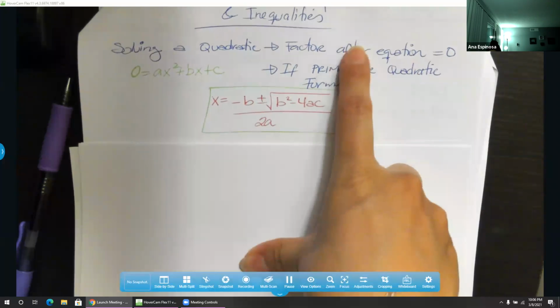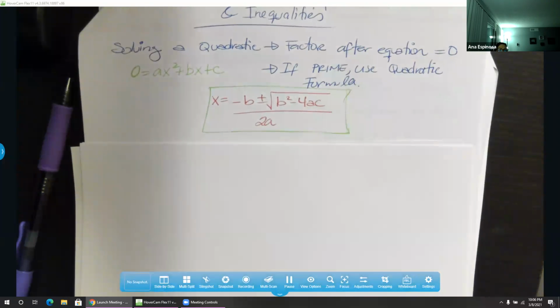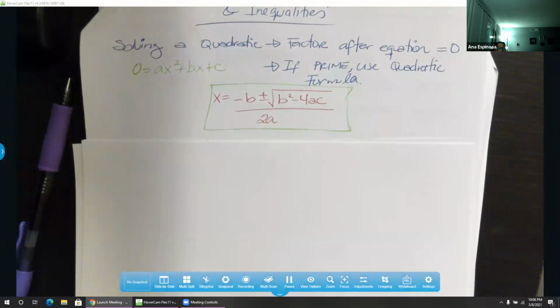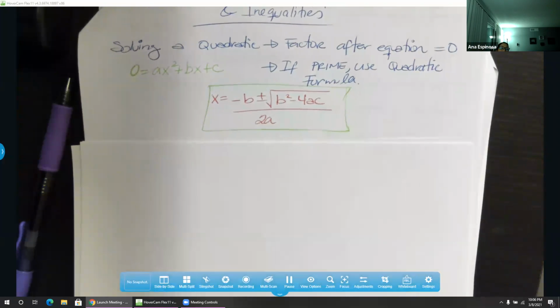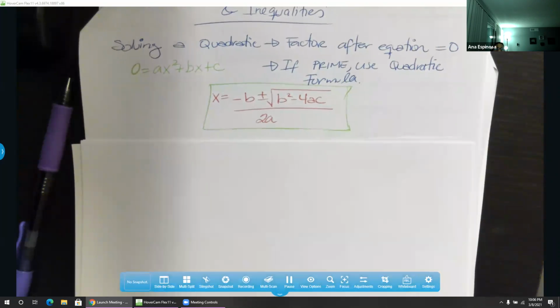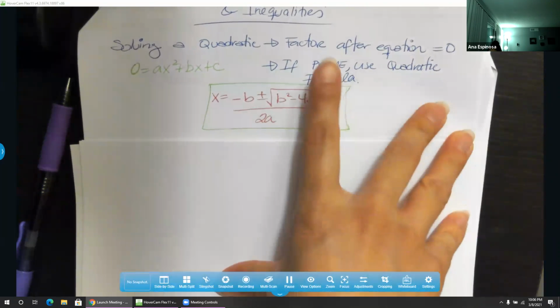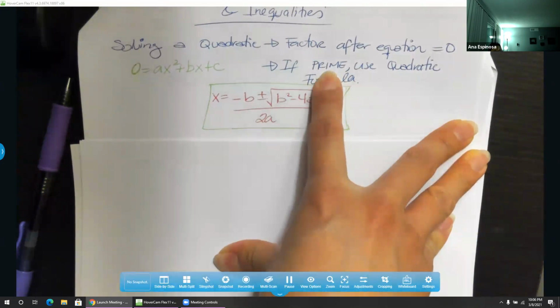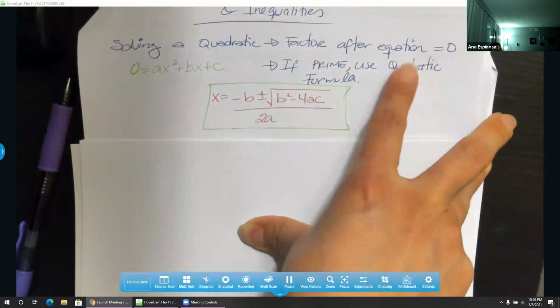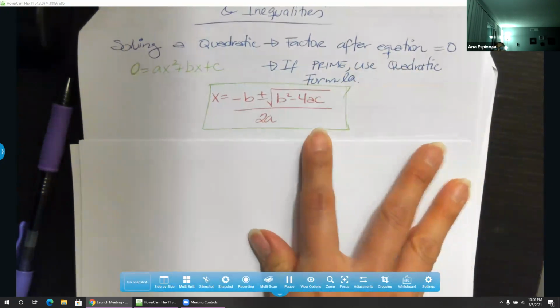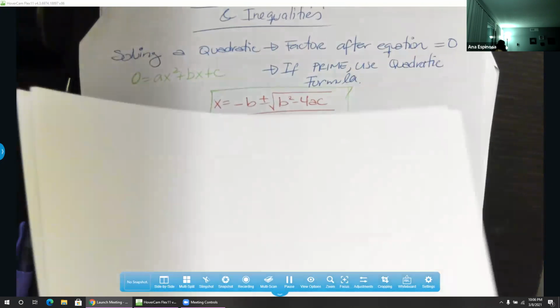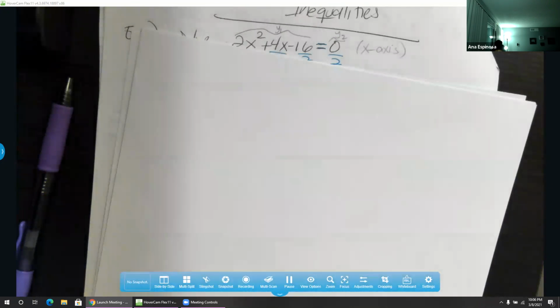If you cannot factor, that's when the quadratic formula comes in. It gives you the solutions, basically the x-intercepts. If a quadratic function is prime, it means you cannot factor. Therefore, you use the quadratic formula. This formula is on one of the sheets that you are allowed to use on your exam.